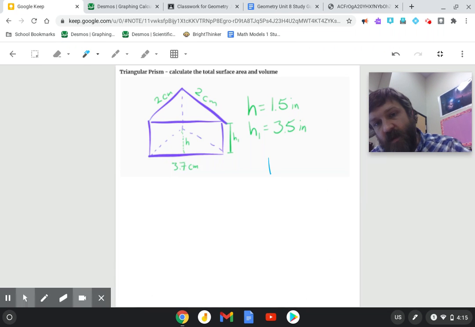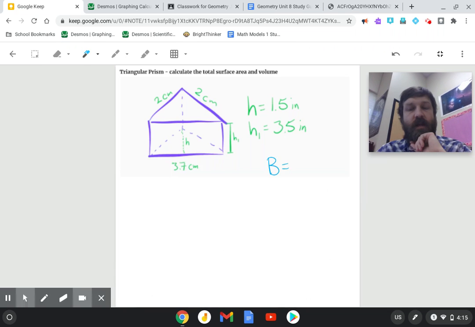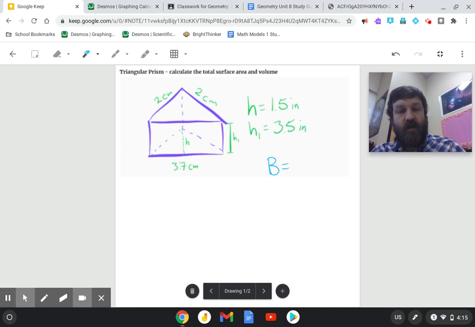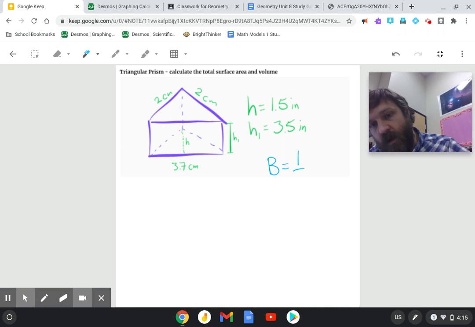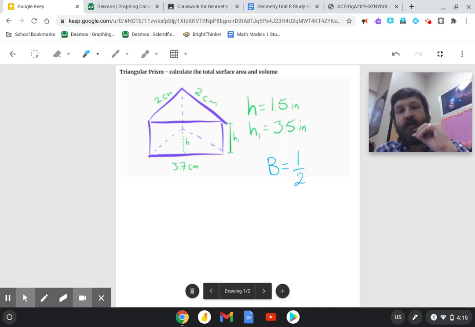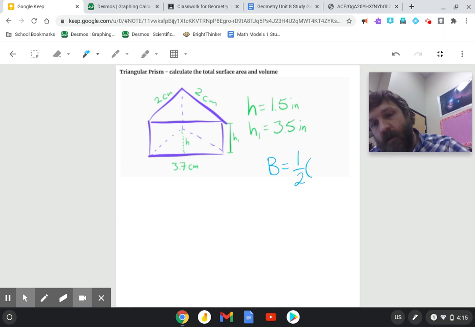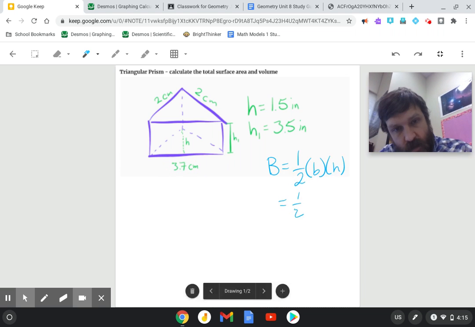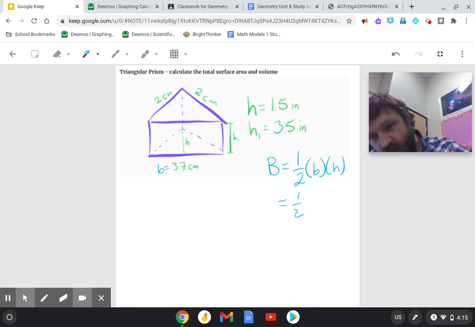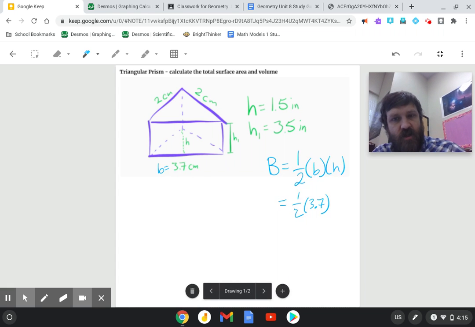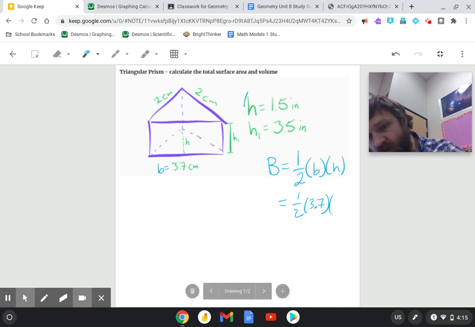So if I wanted to find the base, I would need to find the area of the triangle you see here, which is going to be 1/2 base times height. In this case, the base is going to be 3.7. Go ahead and write that as B equals. And then they give us the H, which is the H inside the triangle, which is right here, which is 1.5.